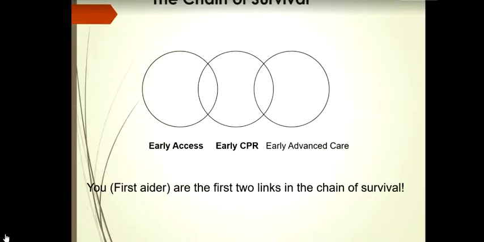Early advanced care is also very important. This involves the healthcare provider and ensuring that the child gets to a trained healthcare provider early. So please note that the first two links in this chain of survival, that is early access, early CPR, and early defibrillation, are very critical when we think of ourselves as first aid responders.